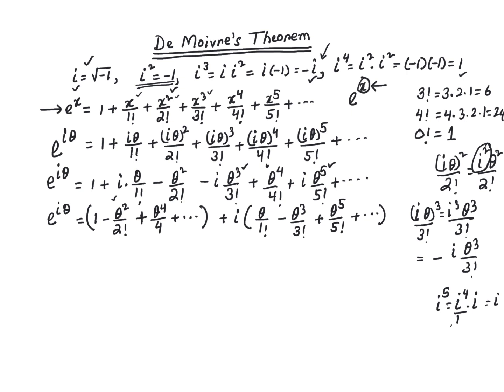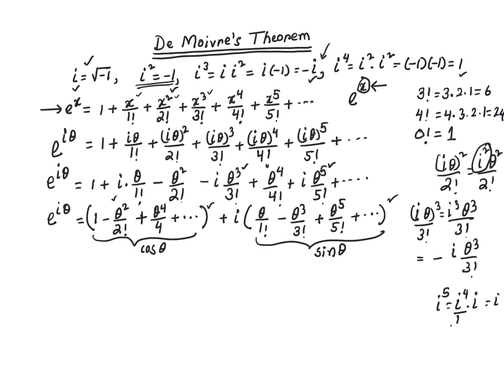As it turns out, by the way, this thing is a series expression for our familiar cosine of theta, and this thing is a series expression for our sine of theta. Our trig functions, we define them as a ratio of one of the sides to the hypotenuse of a right triangle. That's how we define cosine and sine. However, it has a series expression too, and these are the series expressions.